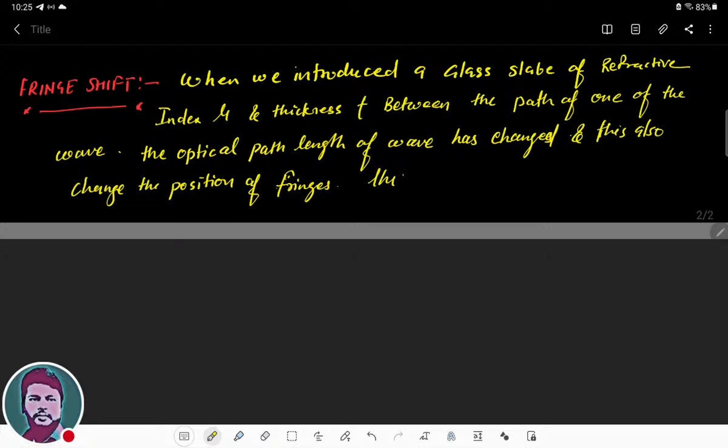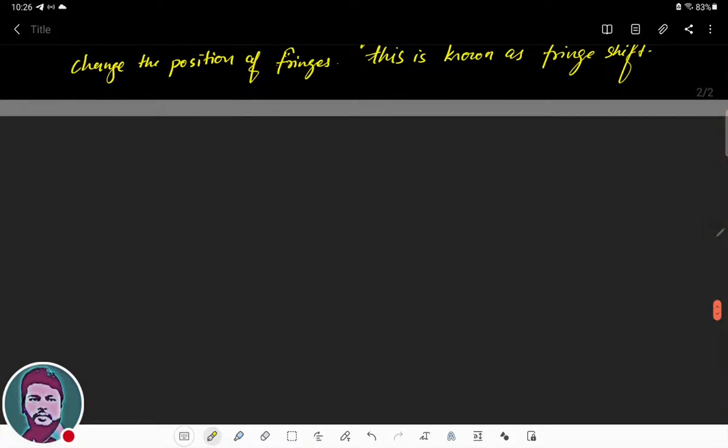This is known as fringe shift. All right, this is known as fringe shift.